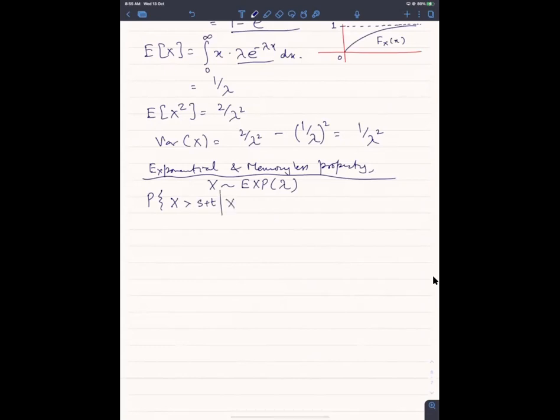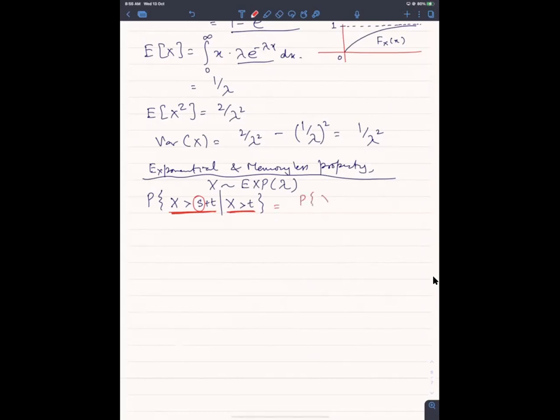given that x is greater than t. अब मैंने आपको बता दिया है कि x is greater than t. This is given to you. I'm asking you the question, what is the probability x is greater than s plus t, which means an additional s units of time spend करेंगे. This can be ये conditional probability आपके पास.